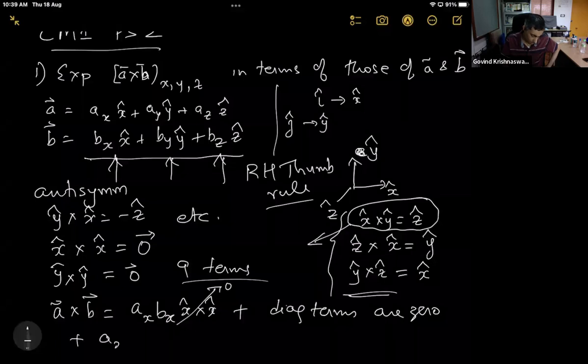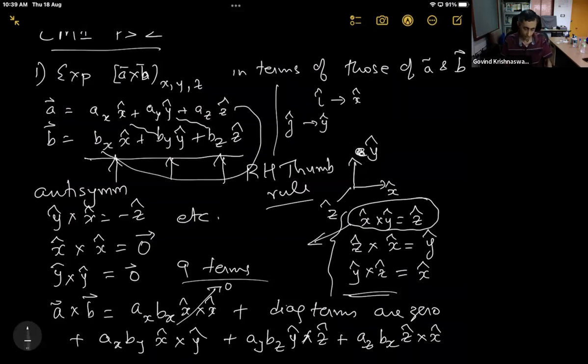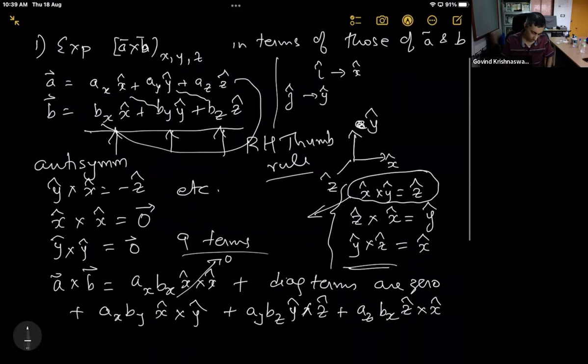Let me go to the next, AX, BY, X cross Y. Then we've got AY, BZ, Y cross Z. I hope you see how I am proceeding. And then finally, AZ, BX, which would be Z cross X. So I'm done with the 6 terms so far.